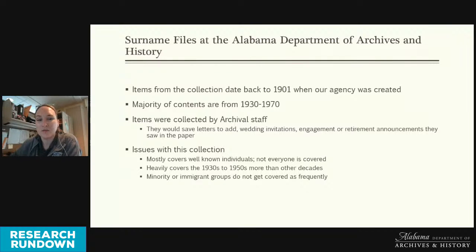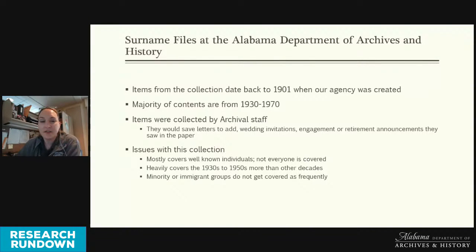So even though there is some earlier stuff in there, it's really going to be that 1930 to 1970 range. These surname files were collected by archival staff. Staff from many, many years ago would save letters that they wanted to add, or wedding invitations, engagement or retirement announcements that maybe they saw in the paper, or maybe that they received in the mail.